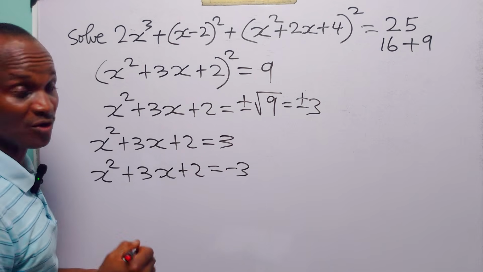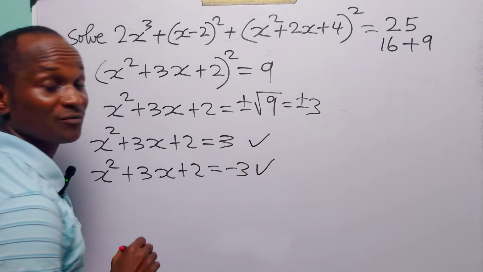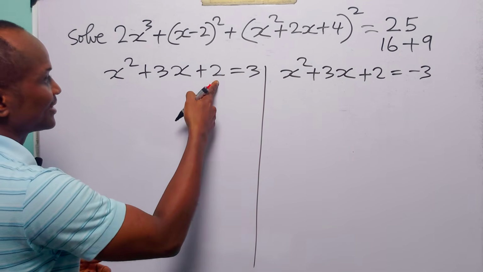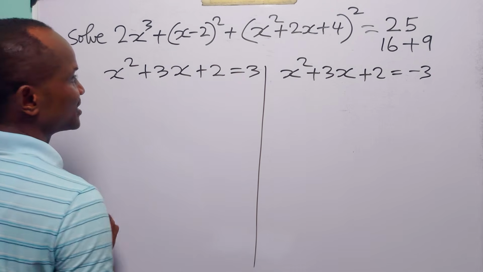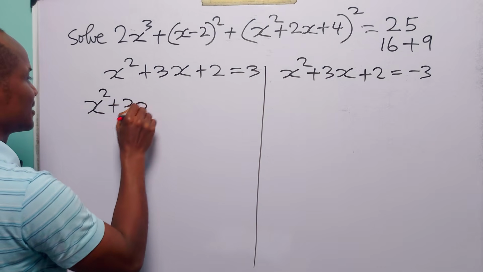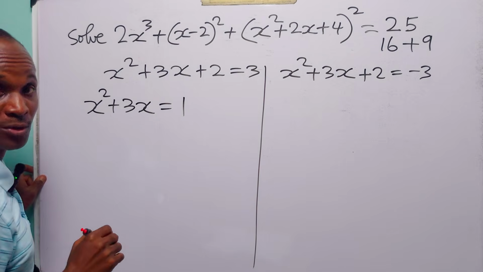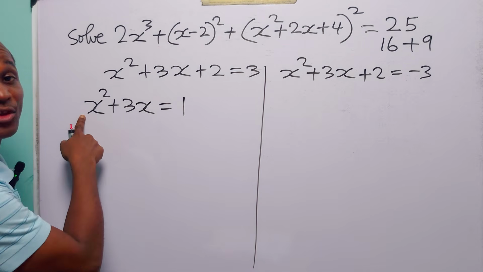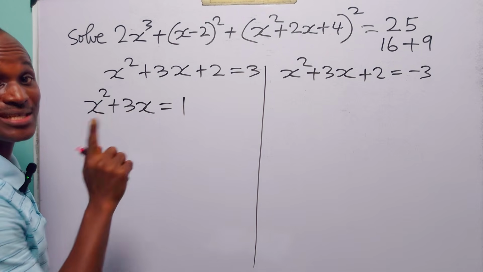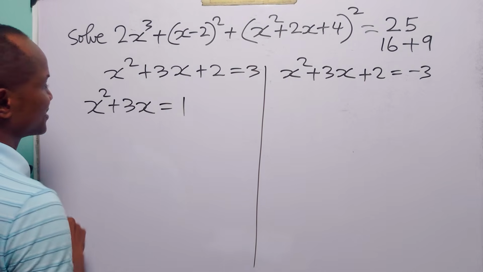So to find all the values of x that satisfy this equation, all we have to do is to solve these two quadratic equations. Now, in this case, let us subtract 2 from both sides of this equation. When we do that, we have that x squared plus 3x is equal to 3 minus 2, which is equal to 1. Now, since the coefficient of x squared is 1, let us divide the coefficient of x by 2, square it, and add to both sides of the equation to complete the square on the left-hand side.